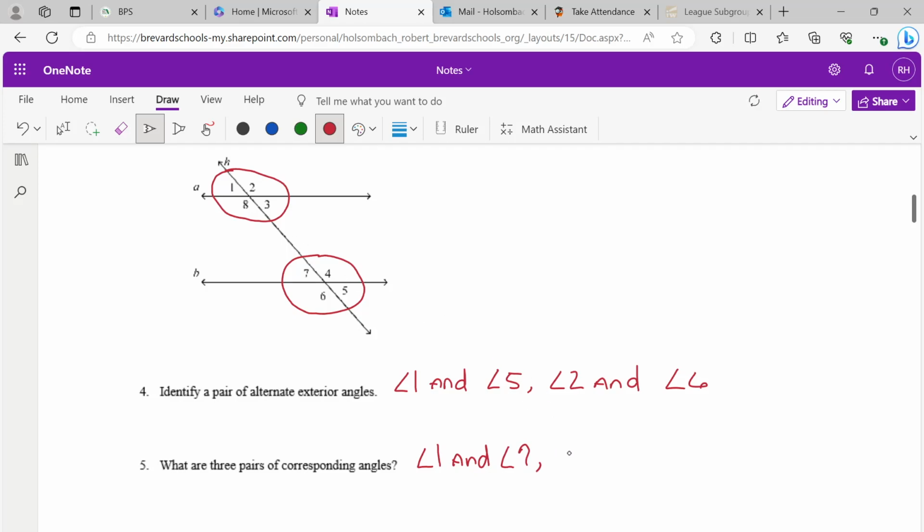And then I'm going to go with angle 8, and it corresponds to angle 6. Angle 2 corresponds to angle 4. And there's 3 pairs. The fourth pair would be angle 3 and angle 5.